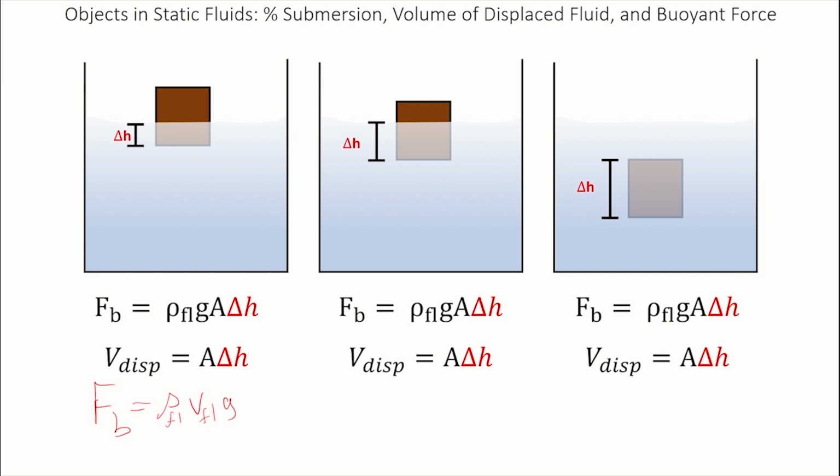Remember I mentioned to you that there's a relationship between the volume of fluid displaced and the object. Sometimes the volume of fluid displaced is equal to the volume of the object. But when the object is not fully submerged, that is not true. When the object is not fully submerged, the volume of fluid displaced is equal to the percent submersion of the object times the volume of the object.